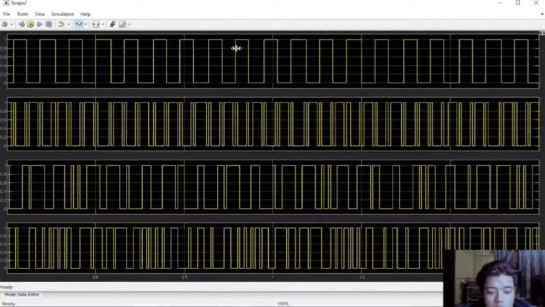This waveform shows the encoded signal bits, with the first row being the 1st bit, the second the 2nd bit, the 3rd bit, and the 4th bit. As we can see, each waveform has a unique interval between them. This interval is caused by each bit's binary phase shift.